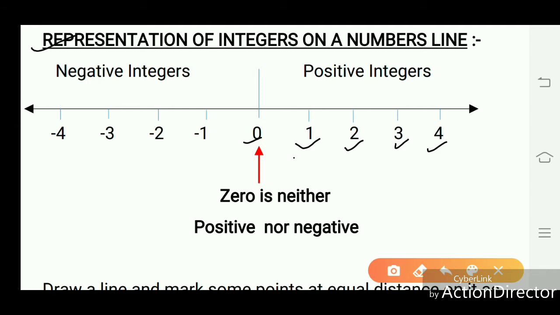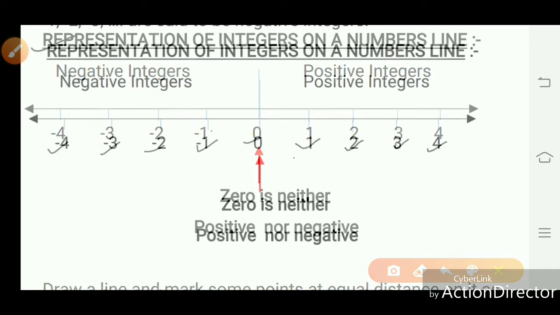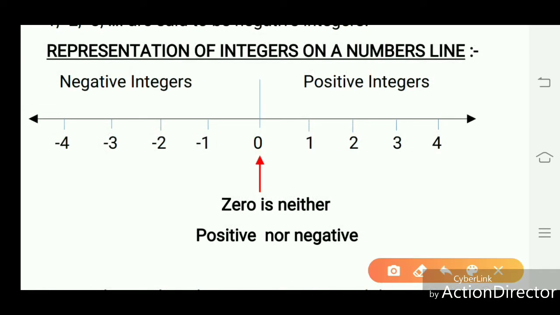And on the left hand side we write -1, -2, -3, -4, and these are called negative integers. Remember one thing here, 0 is neither positive nor negative.